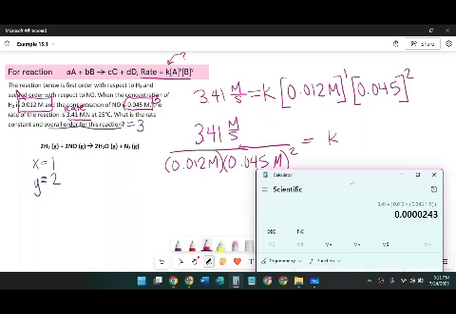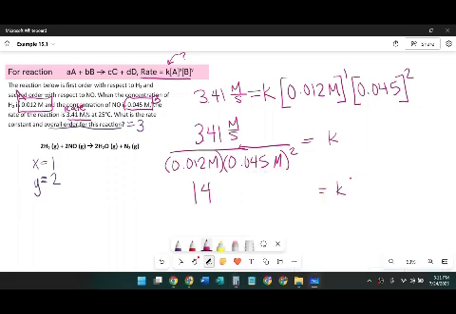Close that parentheses, close the other parentheses, hit enter. All right, so I need 2 significant figures because the 0.012 molarity and the 0.045 molarity, those are 2. So if I round it to 1, 4 and then the rest zeros into the decimal, that'll take care of it.